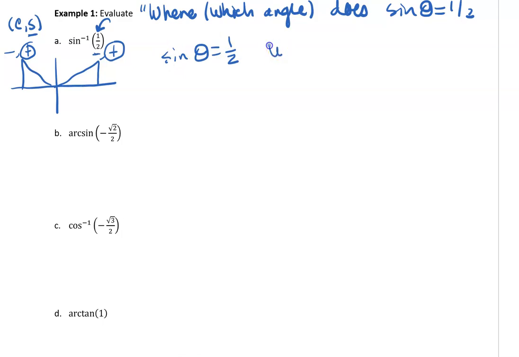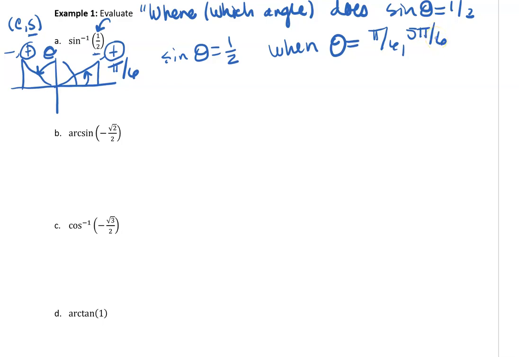We would say when theta is equal to, and then we're going to find those two values in your trig circle. I'm going to find this angle here that would have that 1/2, and that would be at pi over 6. And then I also want to find the angle over here in the second quadrant. If I go from here all the way over, this would be at pi over 6 and 5 pi over 6.